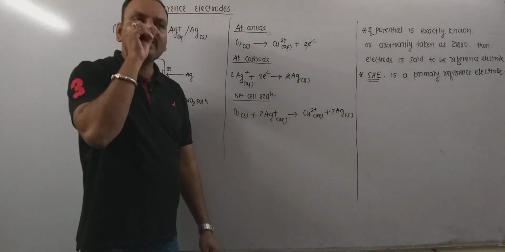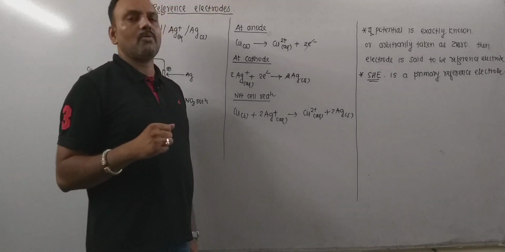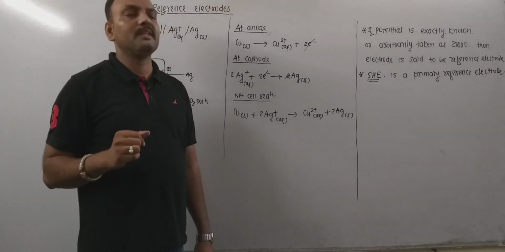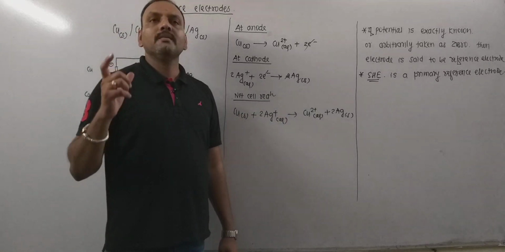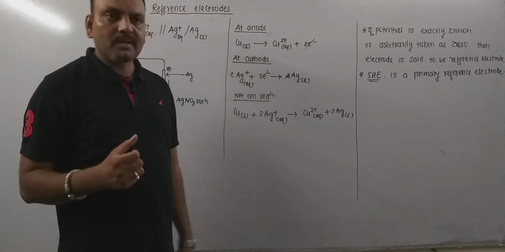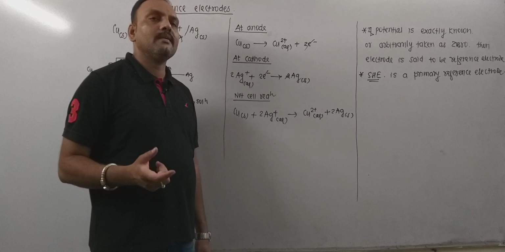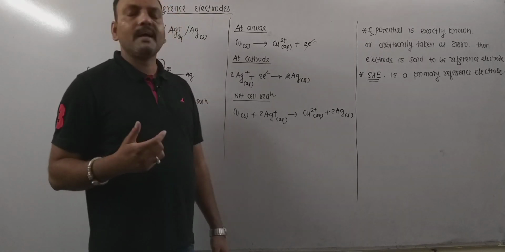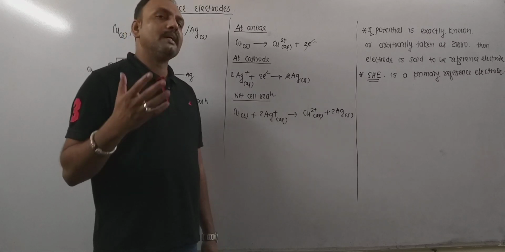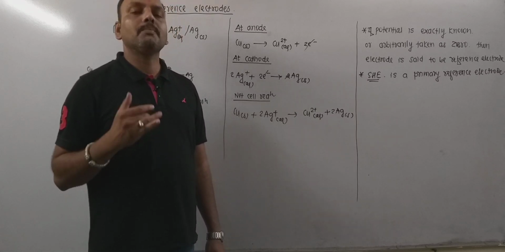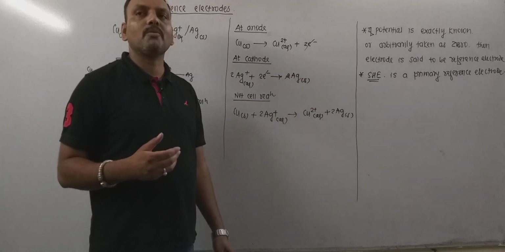So if you want to calculate the potential of a single electrode, then couple that electrode with the standard hydrogen electrode, and first of all measure the potential of the constructed cell. If the cell potential is known to us, then since the standard hydrogen electrode has a potential of 0, one can easily determine the potential of the other electrode with which it is coupled.